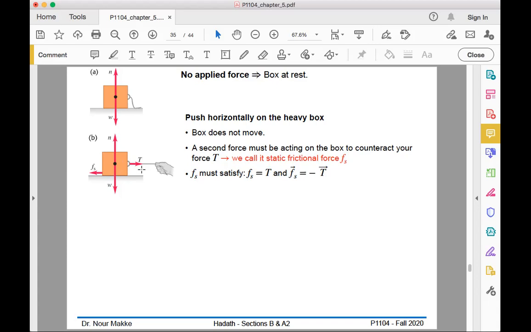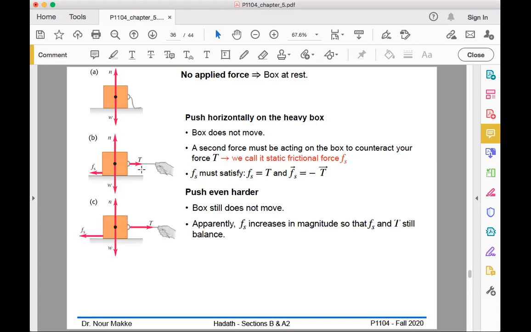Now, let's actually try to pull even harder. So we are going to increase the intensity of this tension force in the cable, but still we observe that the box is not moving. That means that as long as we have increased the tension force in the cable, then this Fs has increased as well in such a way that Fs is still equal to T, and so the box is not moving.